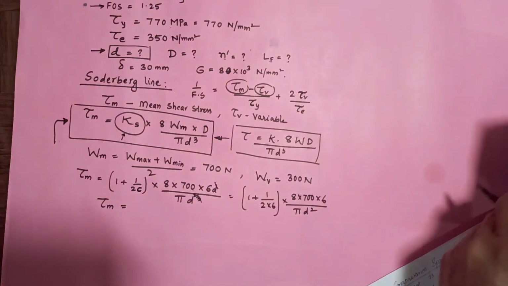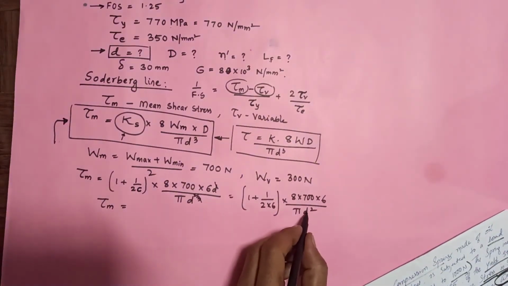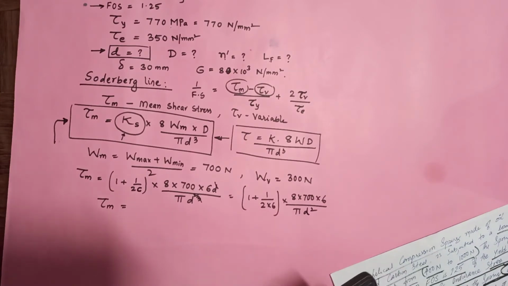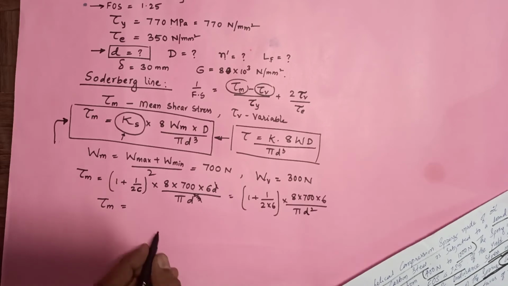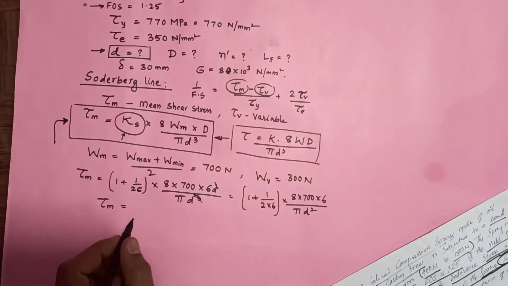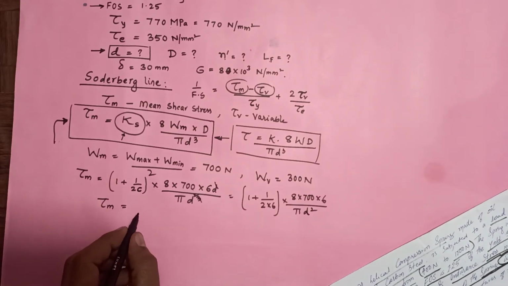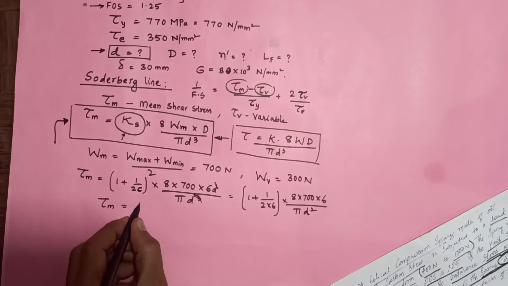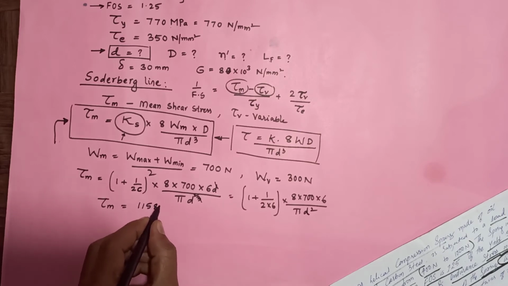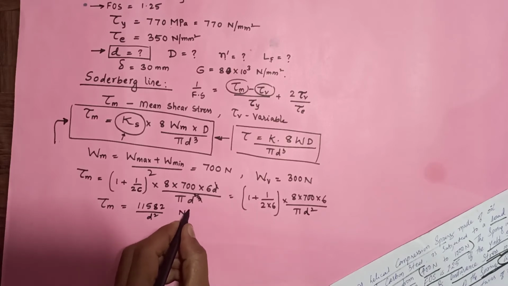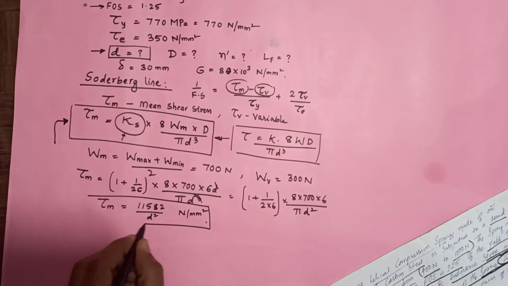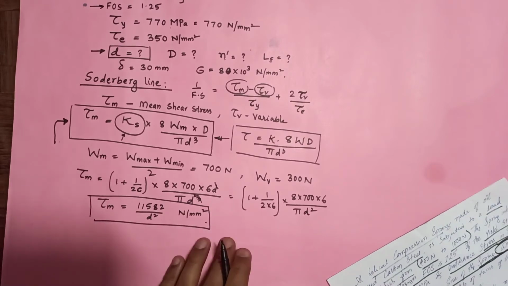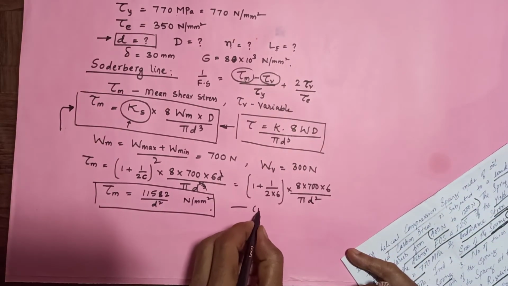Now we'll calculate the value, where D is another constant value. From this, tau mean we obtain 11582 by D square Newton per millimeter square. Let us keep this as equation number 1.